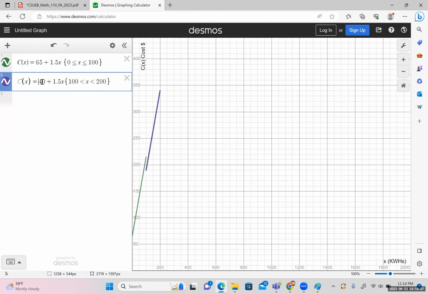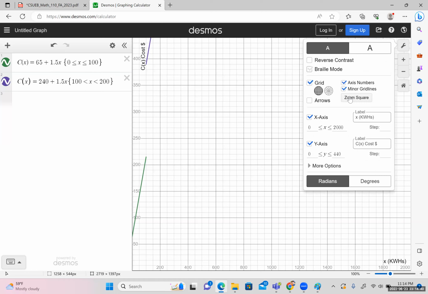Right, 240. All right, so now the graph doesn't look really nice. Let's change that. We will have to change the cost. X will be between 0 and 200 only, because the maximum we need is 200.